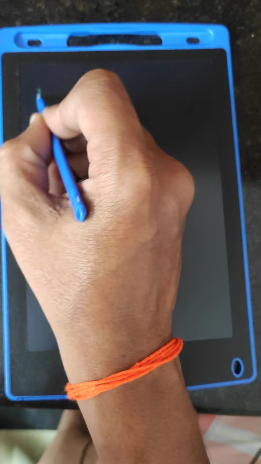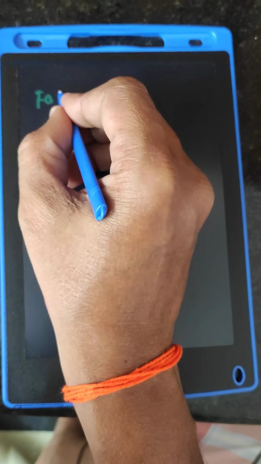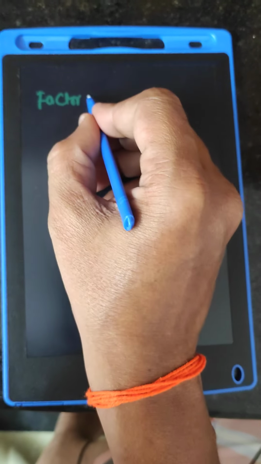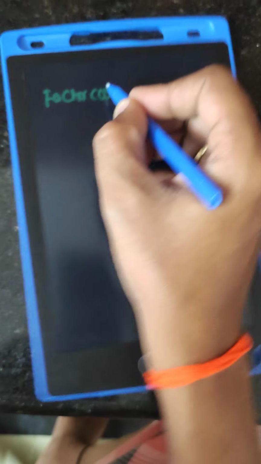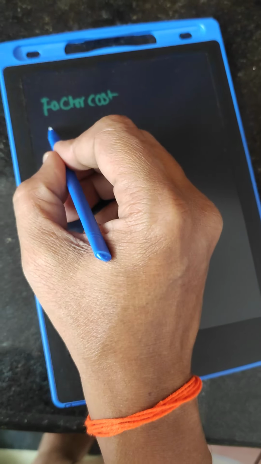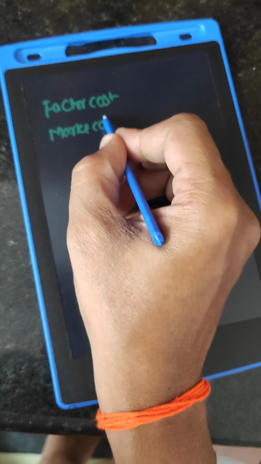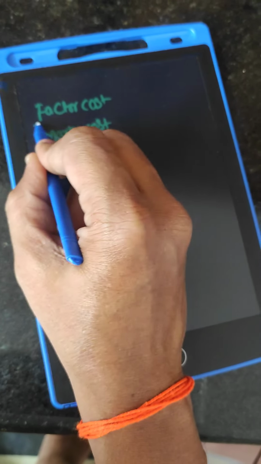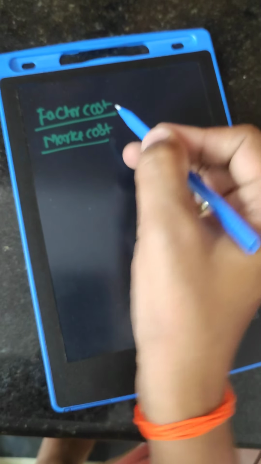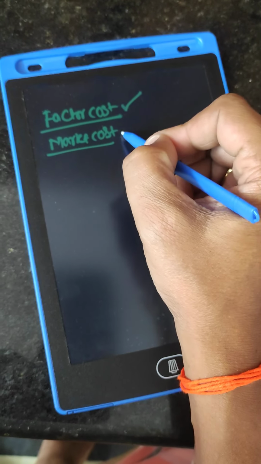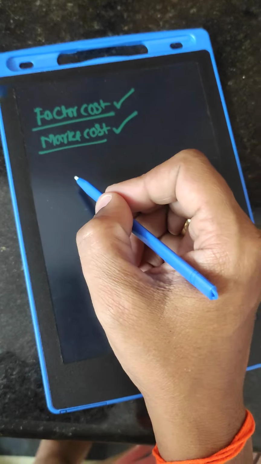In this video I'm going to explain factor cost and market cost. So we'll see what is factor cost and what is market cost.